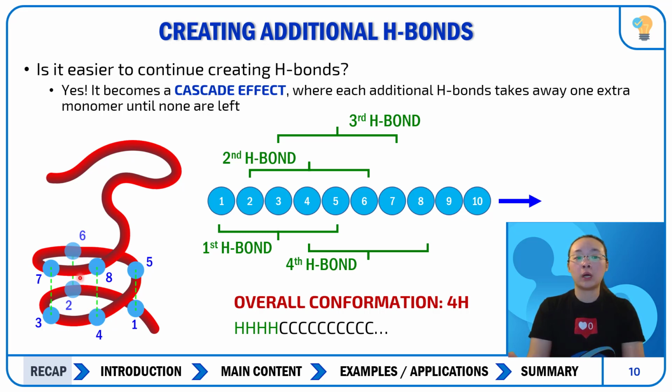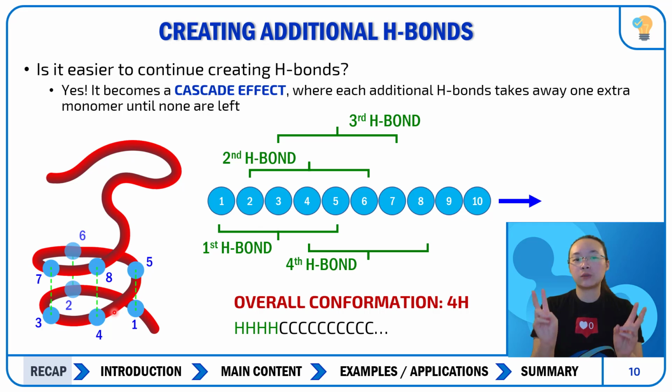The reason why is because once I form my first hydrogen bond, every monomer 2, 3, and 4 within that ring is forced into that helix structure.